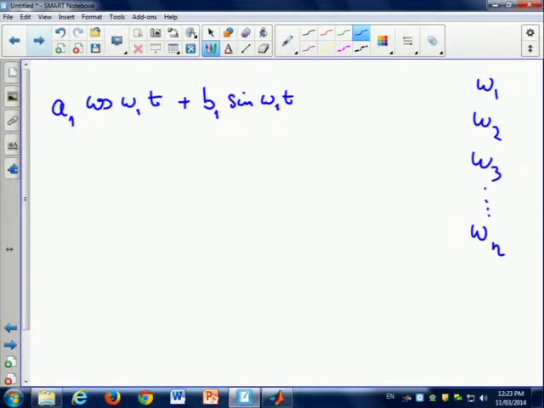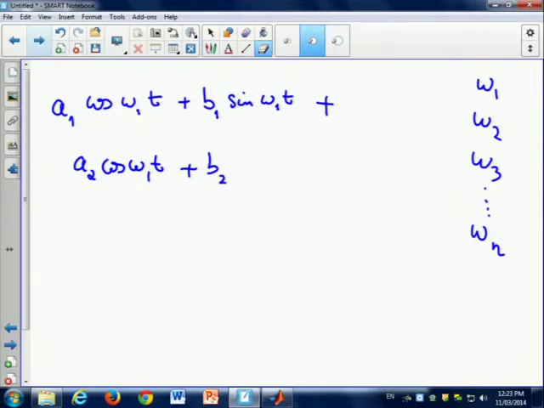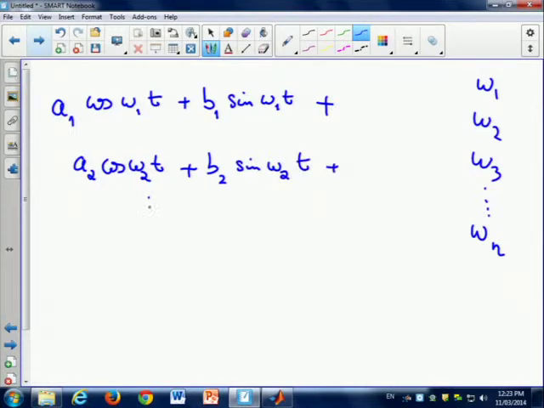Plus, because the board is only so large, I'm going to put underneath A2 cosine omega 2 t plus B2 sine omega 2 t, plus A_n cosine omega n t plus B_n sine omega n t, and that's it.